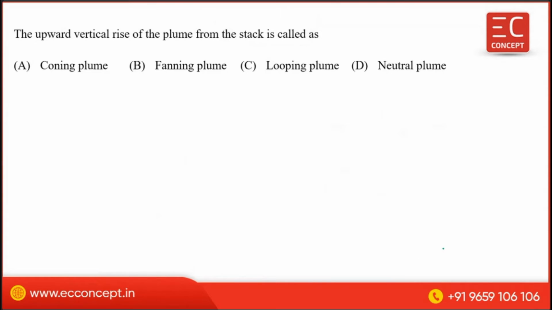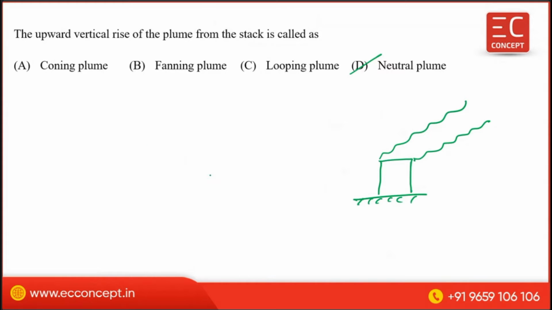Okay. The upward vertical rise of plume from the stack is called as dash. It is called as a neutral plume. Okay. So coning, fanning, looping. Okay. So the looping is, it's a stack, and this is called as a looping plume.